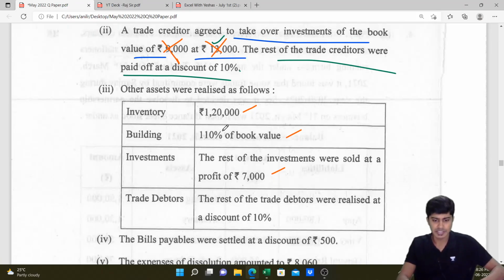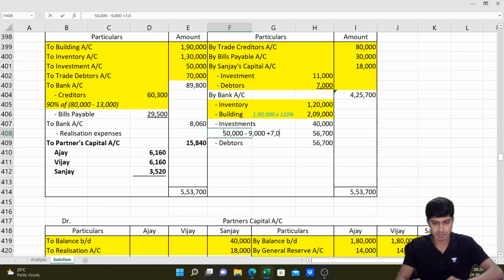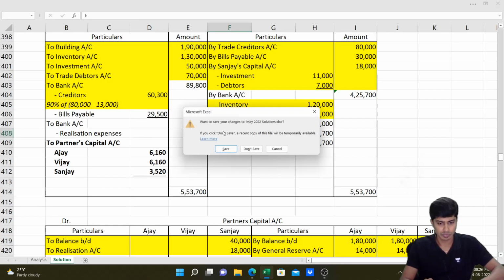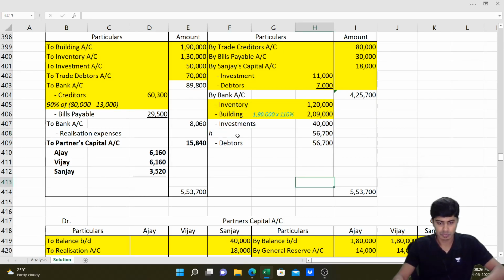Whatever is balance is sold at a profit of 7,000. Let me type it again. 50,000 minus 9,000 plus 7,000.